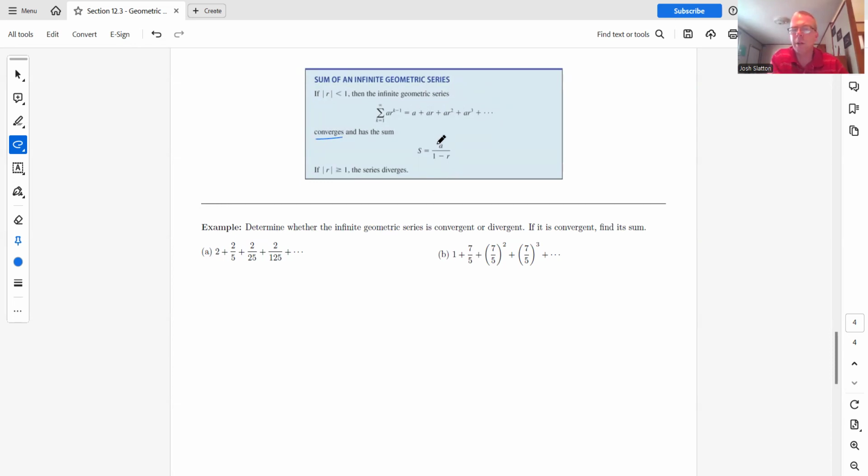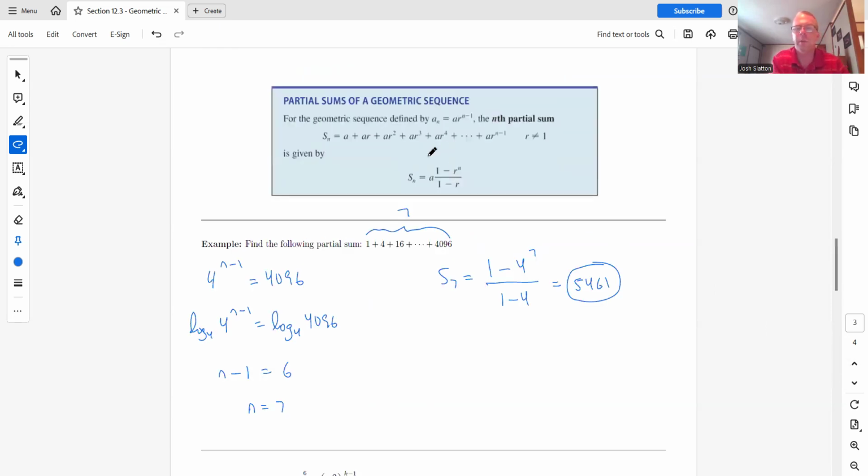Even though there's an infinite number of terms, it would eventually converge to an actual number, a sum. And if we go back up to the formula on the previous page, essentially what we're doing is taking n to infinity. With the original formula, n was some finite number, 7 in this case. But if we take n to infinity and say R is 1/2, we have 1/2 to the millionth, whatever.